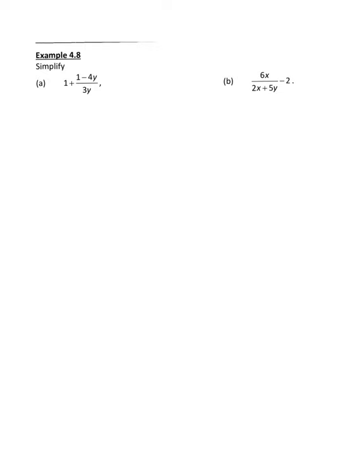So now we go to example 4.8. We can see that for this type of question, what it's asking is the addition between an integer and a fraction. So as we learned from primary school, we need to change the integer into a fraction with the same denominator.